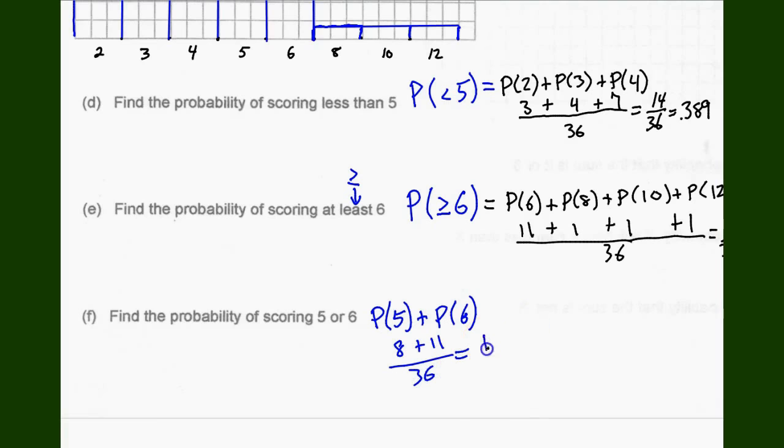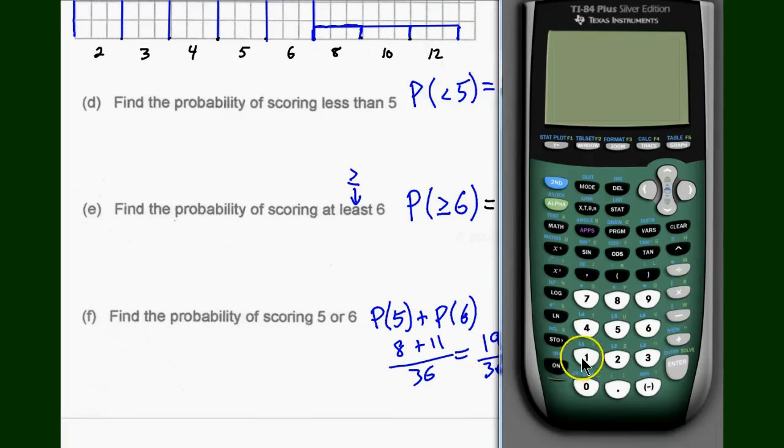That equals 19 out of 36, which is approximately 0.528.